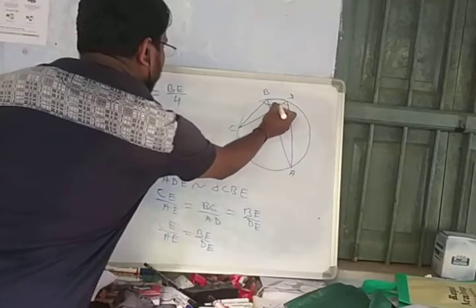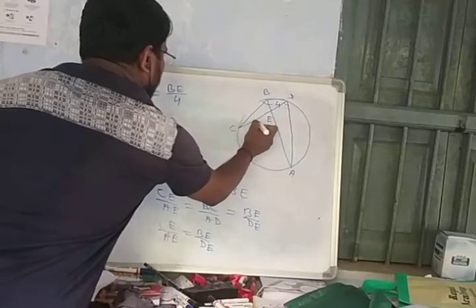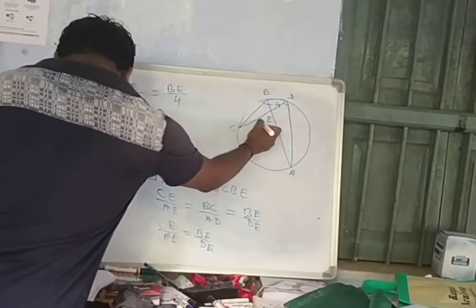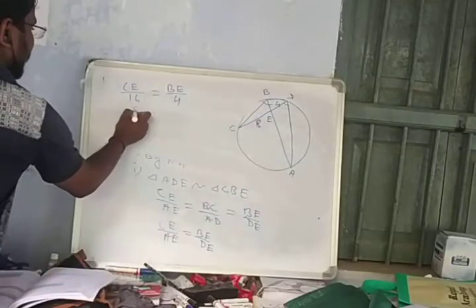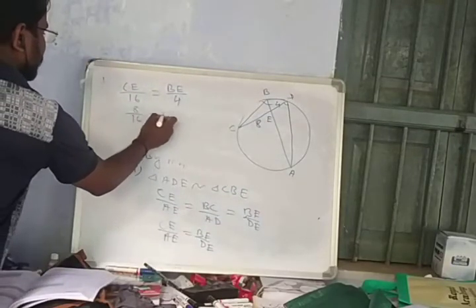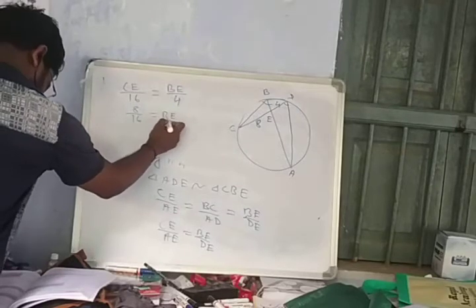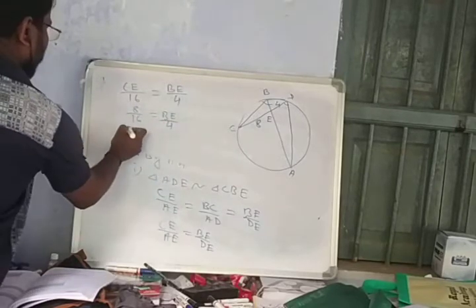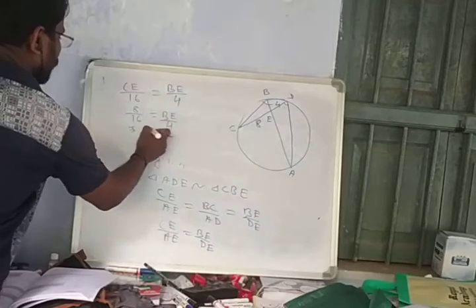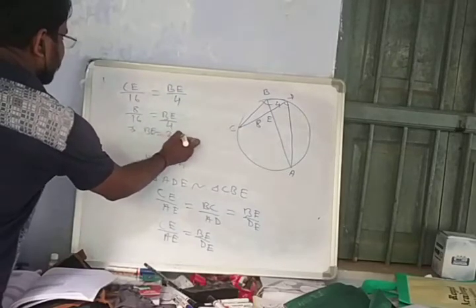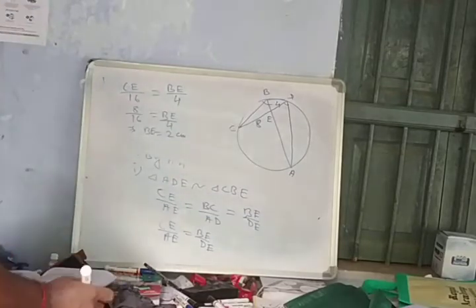CD equals 12 and DE equals 4, then CE equals 12 minus DE means it is 8. 8 by 16 equals BE by 4, or BE equals 2 centimeter. Okay.